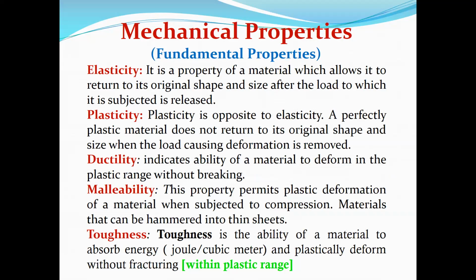For example, elasticity. Elasticity is the property of a material which allows it to return to its original shape and size after the load to which it is subjected is released. That means you apply load to a material and there will be some deformation in the size and shape of the material. Then you take back the load, the material will regain its shape. This property is known as elasticity.